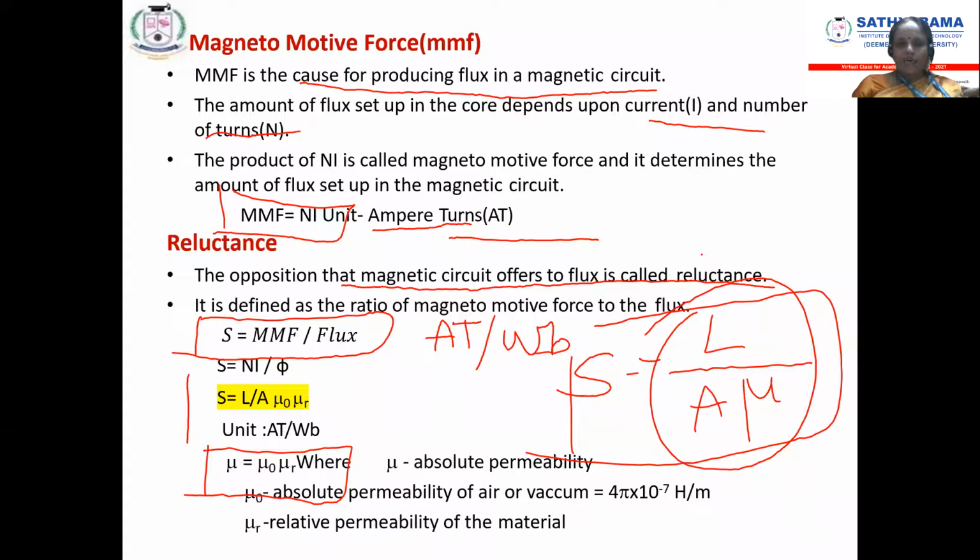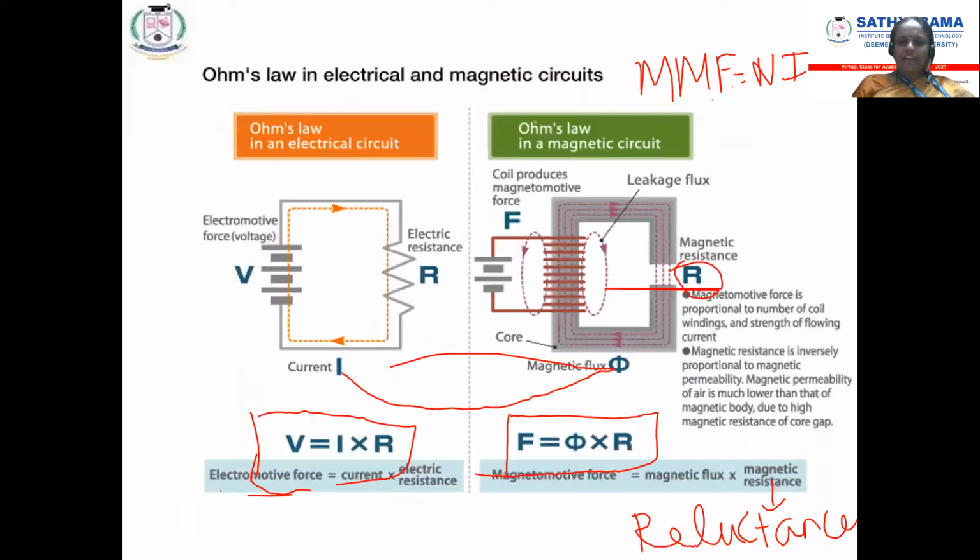I told you, Shanmukh, the electrical equivalent of mmf, Rashmita, I have told you in the previous slide. Electrical equivalent circuit: we have studied two types of circuit, DC and AC. But I have correlated with the DC circuit where my voltage source is here, and here my magnetomotive force.